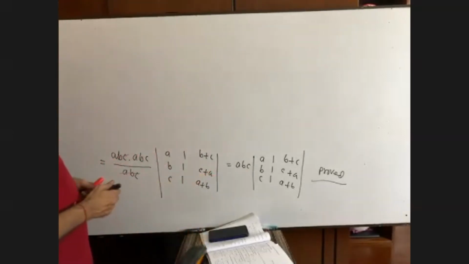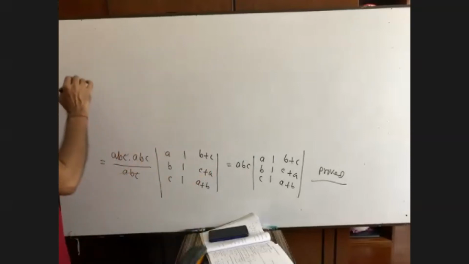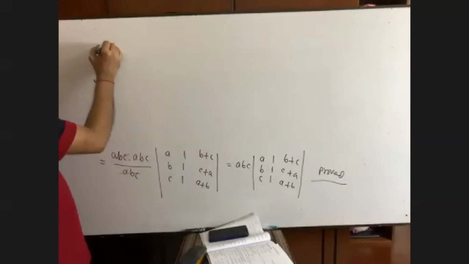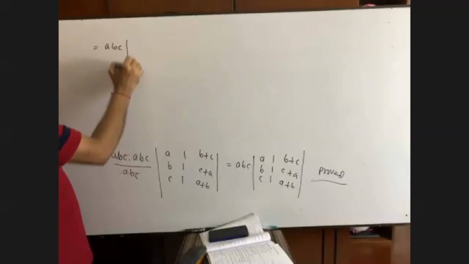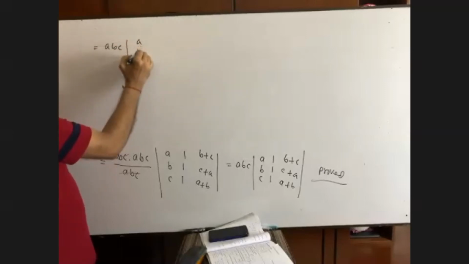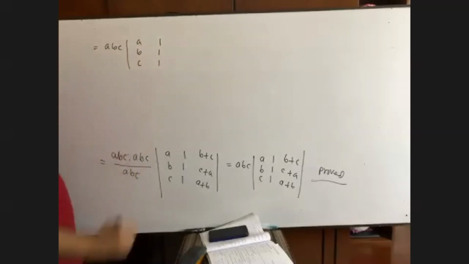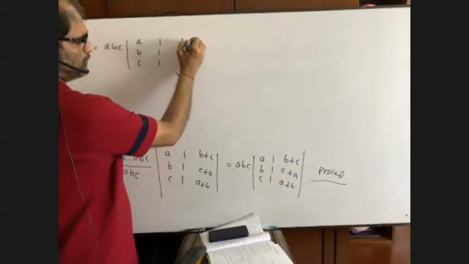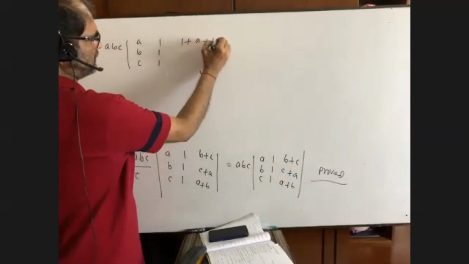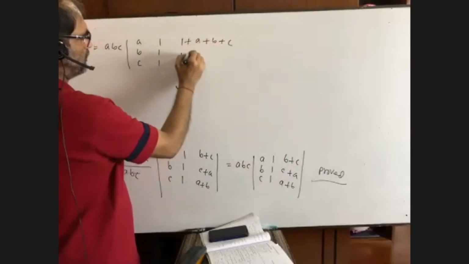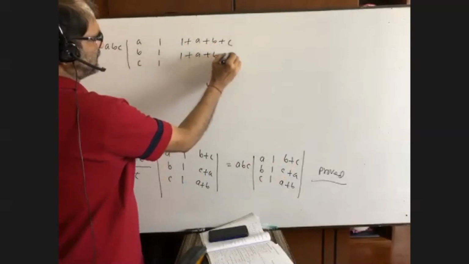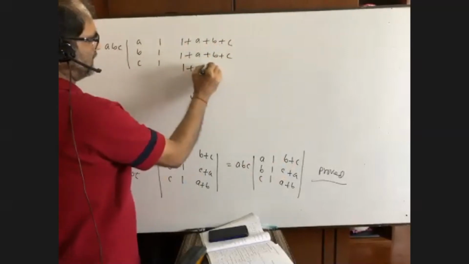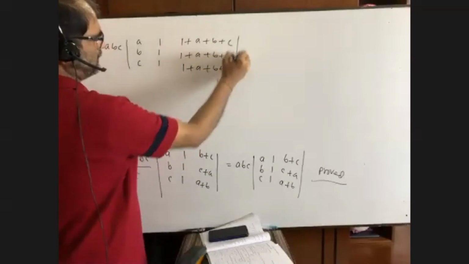From here, we can write, dear students, ABC, A, B, C, 1, 1, 1. Then if I go for adding the third column, we get 1 plus A plus B plus C in each entry. Have you got it?